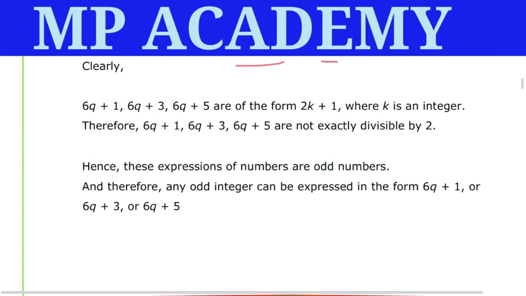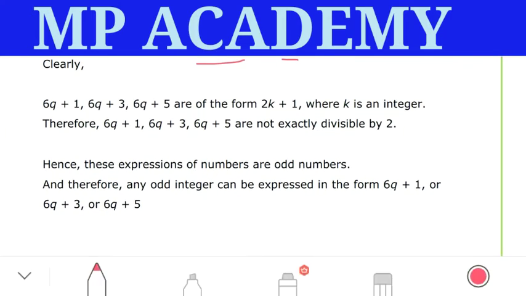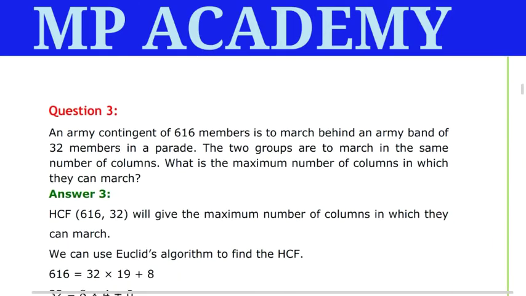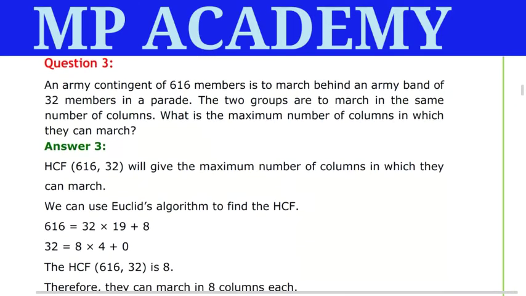Therefore 6q plus 1, 6q plus 3, 6q plus 5, every number is of the form 2k plus 1, where k is an integer. Therefore 6q plus 1, 6q plus 3 and 6q plus 5 are not exactly divisible by 2, so these are odd numbers. So we can say that any odd integer can be expressed in the form 6q plus 1, 6q plus 3, or 6q plus 5.